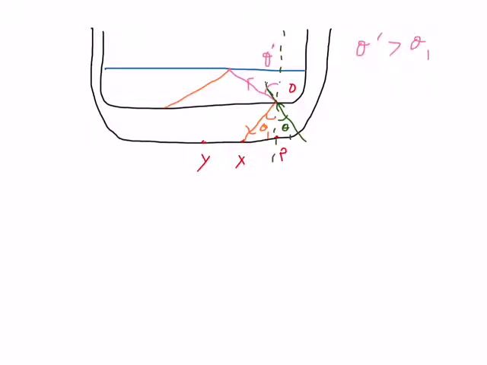Once again, I'll use green here. That's terrible. If that's our normal, then this angle, which is actually 90 minus theta prime, I'm just going to call it phi in this case, and that phi are the same. It obeys the law of reflection.